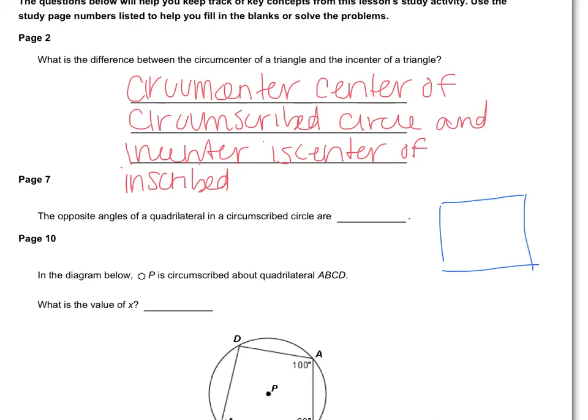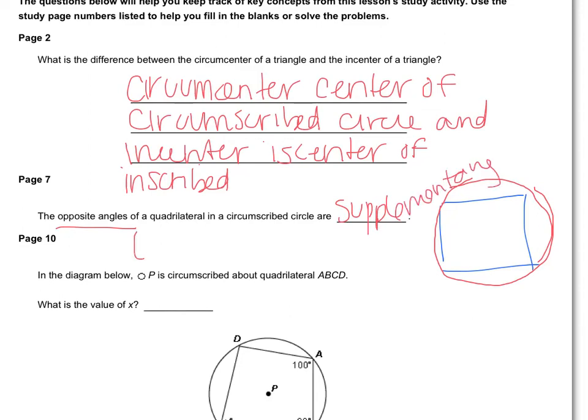If you were circumscribing a circle, which means you're drawing a circle around that, what's really neat is that the opposite angles are going to be supplementary, which means they add up to 180 degrees. So if this angle was 75, then this one over here would have to be 105, because opposite angles are supplementary. That means they add up to 180.